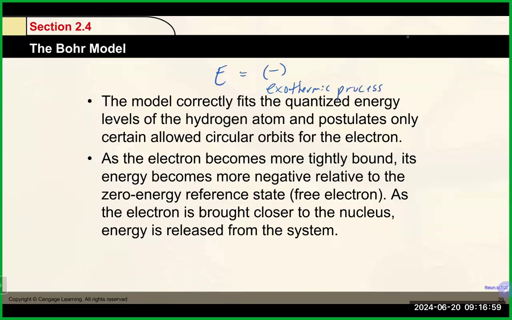And the same thing here, if you calculate an energy that's positive, you should leave it as positive. It tells you that it is an endothermic process where energy is absorbed.